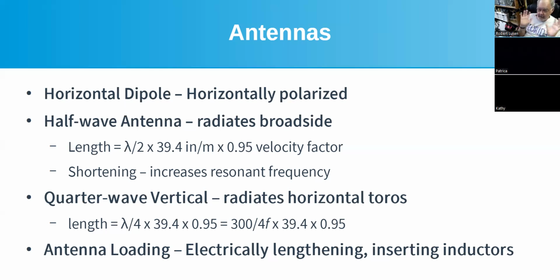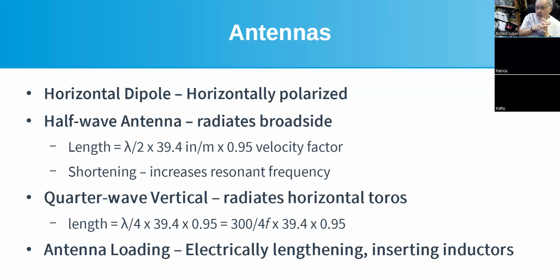They call it a toroid or torus. So it's omnidirectional around the vertical antenna, which is one advantage. It does give you omnidirectional transmission and reception, but at a lower gain.